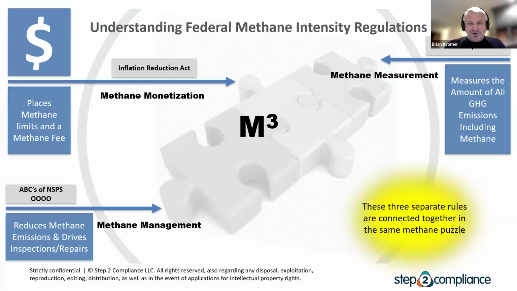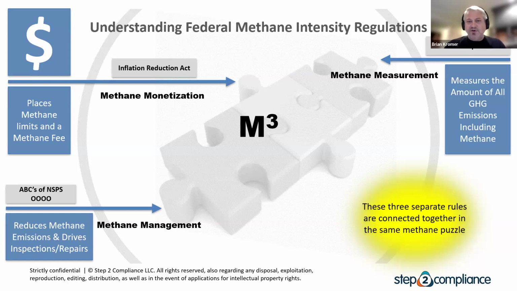Well, before we get started on that, I just want to lay the foundation that the ABCs of Quad O are inseparable from the Inflation Reduction Act and Subpart W. Each one of these three separate pieces of legislation are interrelated and work together. The fee placed on waste emissions is coming from the Inflation Reduction Act.